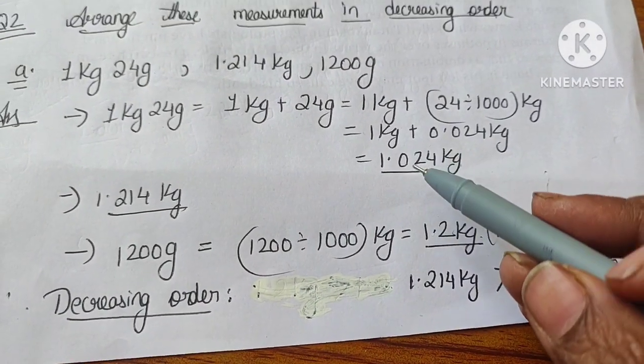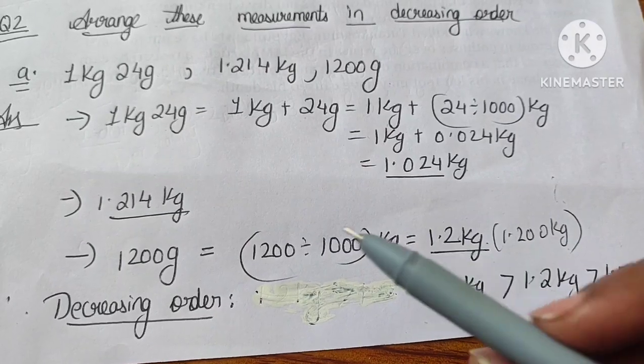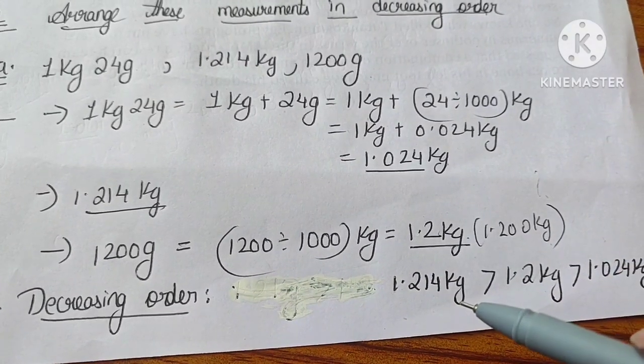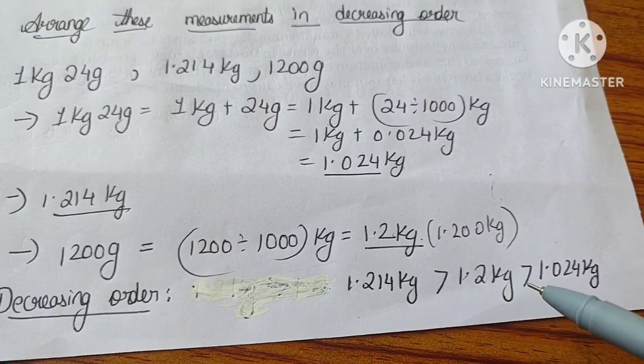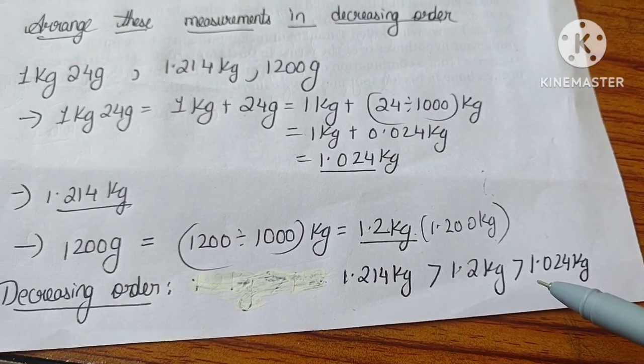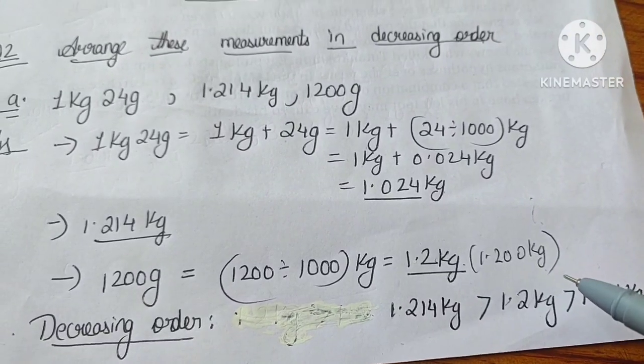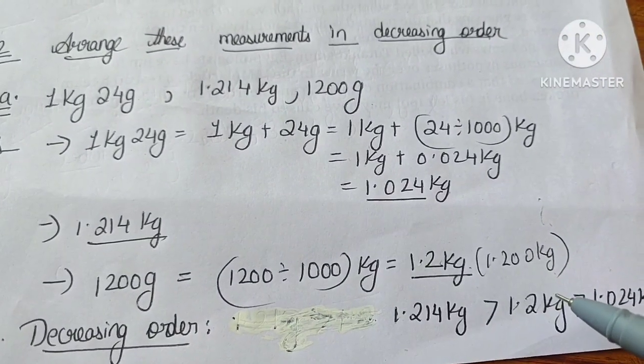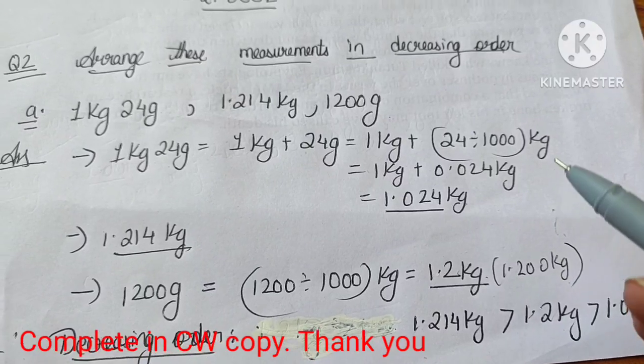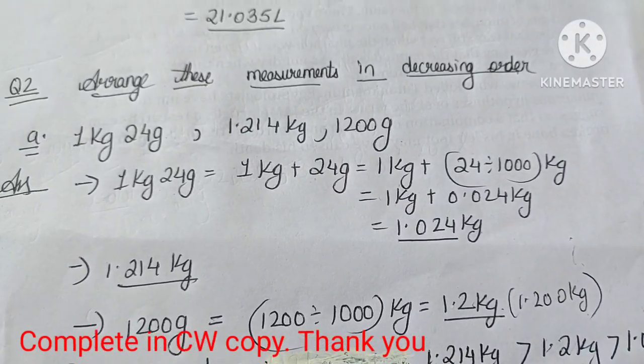Now compare. Out of these, which is the greatest one? 1.214 is the greatest. After that 1.2 kg and after that 1.024 kg. In this way we write in decreasing order. Similarly, the other two sums we will also solve in the same way. I am sending the PDF. Do all these questions in your classwork copy.